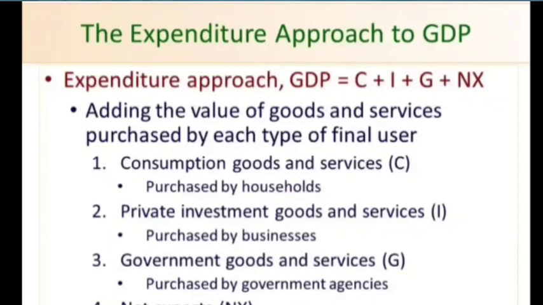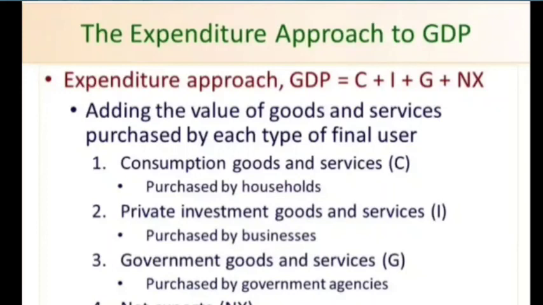First, consumption: goods and services purchased by householders. That is C. Private investment: goods and services purchased by businessmen. That is I. And the third one is G: the goods and services purchased by government agencies. Understand?